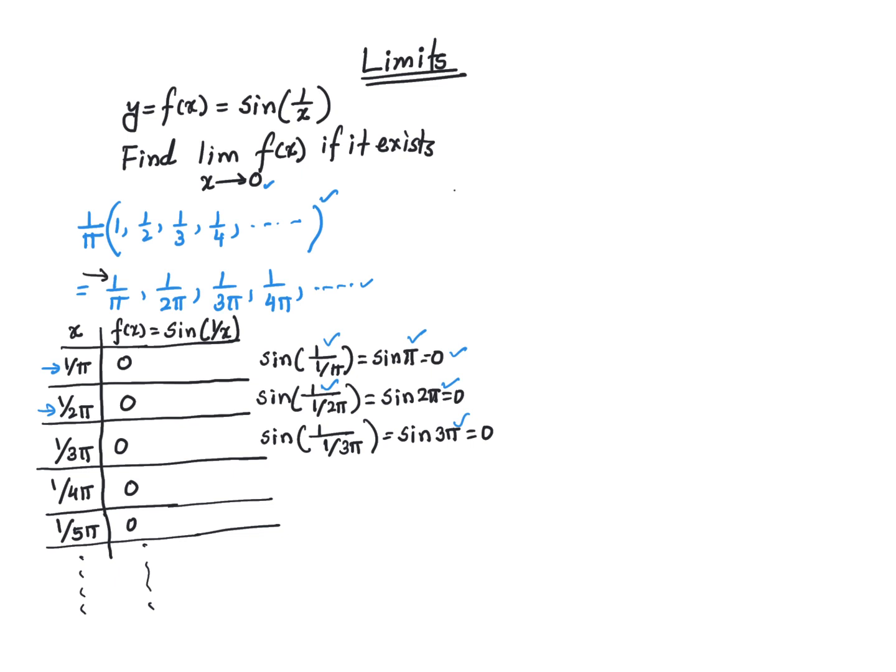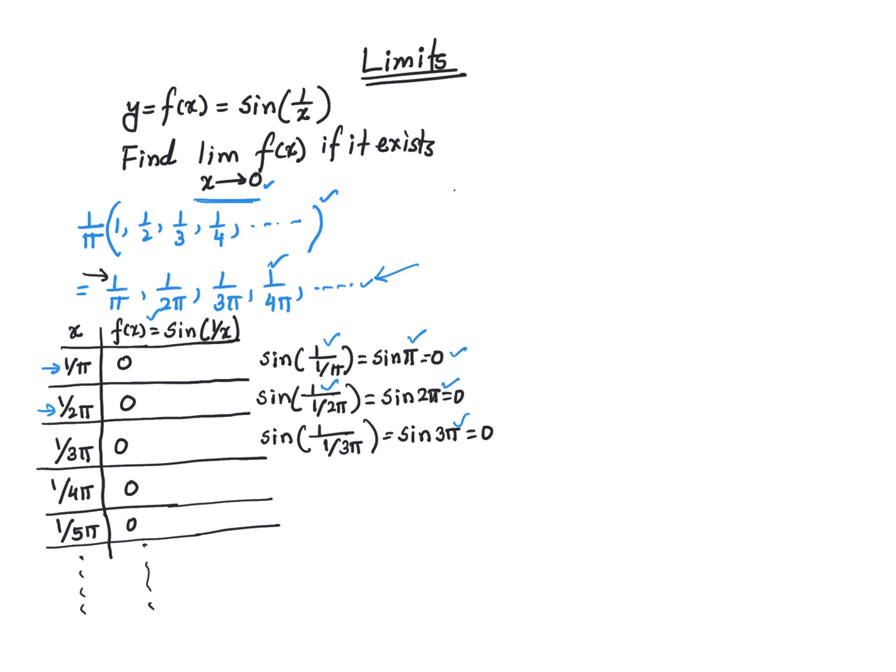It doesn't matter what I put as an input to this function, the output is always 0, so long as the inputs are coming from this sequence. And this sequence converges to 0. So you can think of it as one path or one way to get to 0. Your x is going towards 0, but by following this sequence, that's perfectly valid.